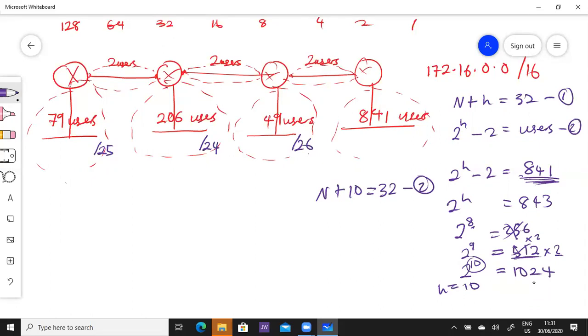Equation 2. Our n is 32 minus 10, and n is equal to 22. So for here, we need a /22. We don't have to worry about solving the 2 users. We know that they are all /30 each from our previous experience.